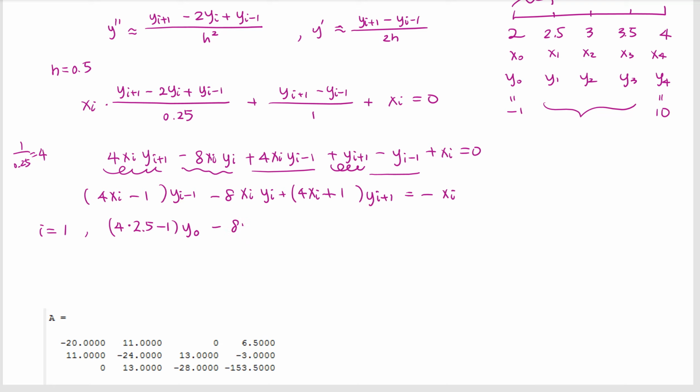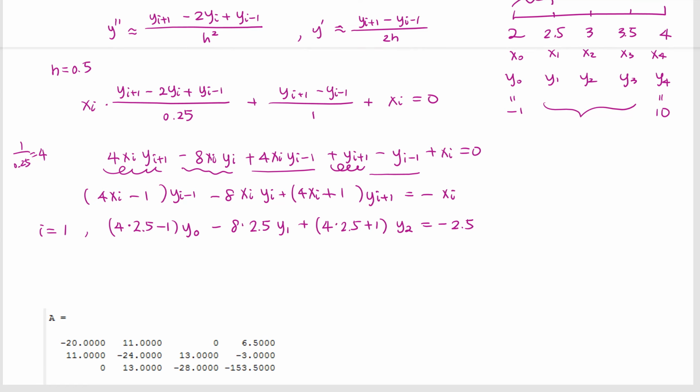Minus 8 times x1, which is 2.5, times y1, plus 4 times 2.5 plus 1, times y2, equals minus x1, which is 2.5.